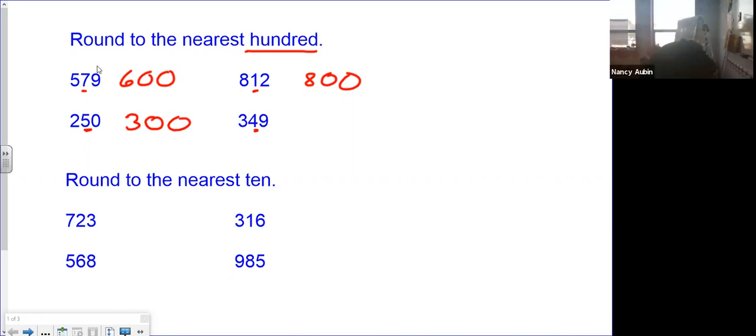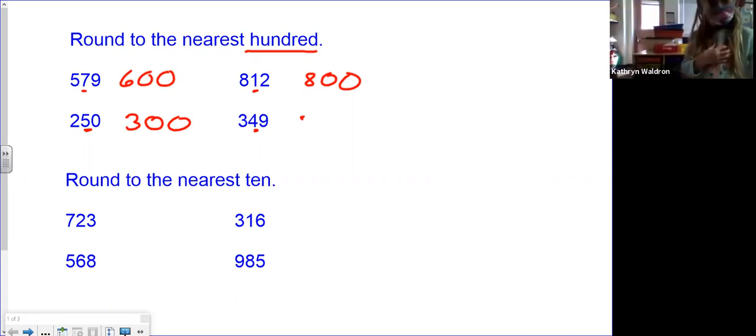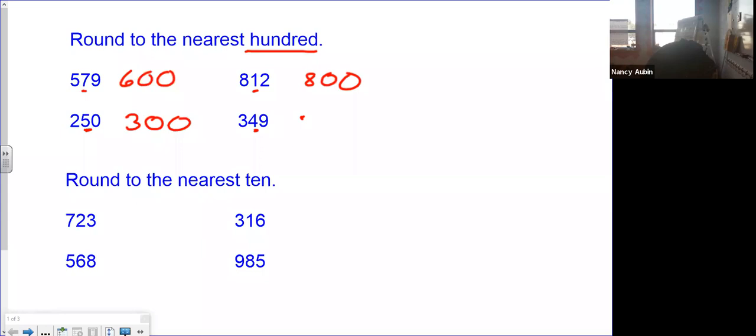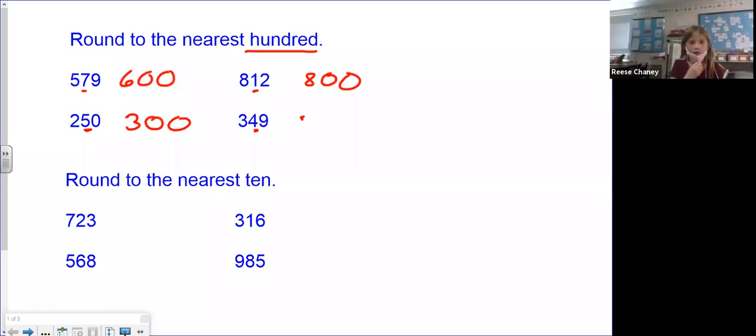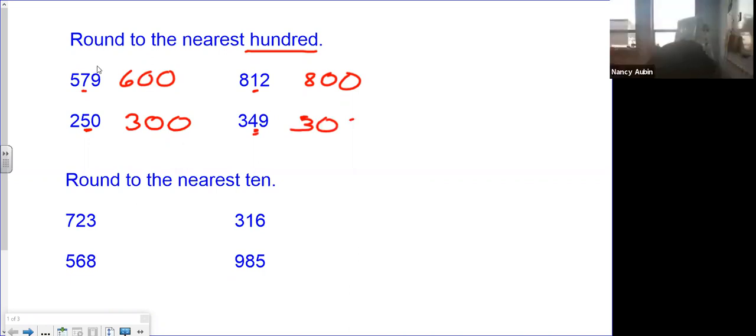Reese, 349. 349 rounded to the nearest 100 would be 300. Ding, ding, ding.